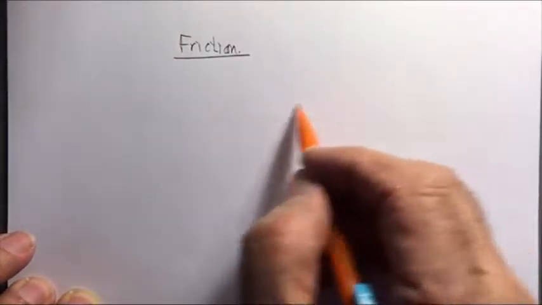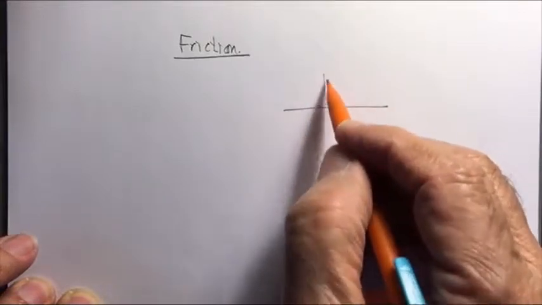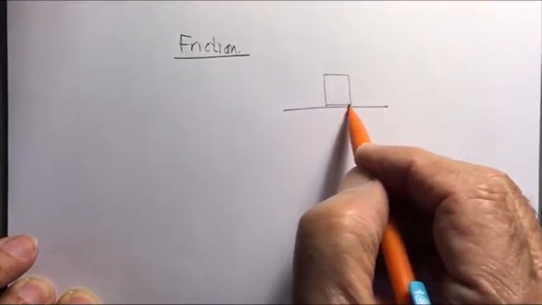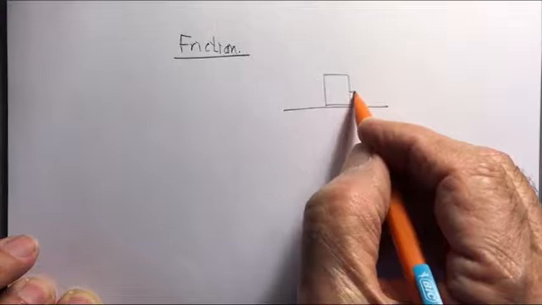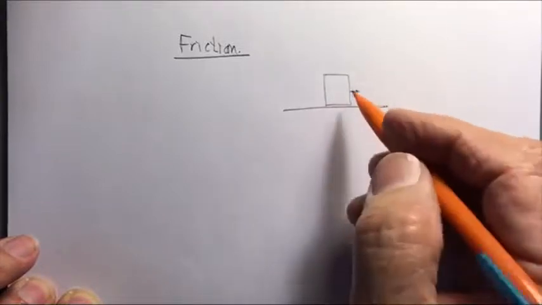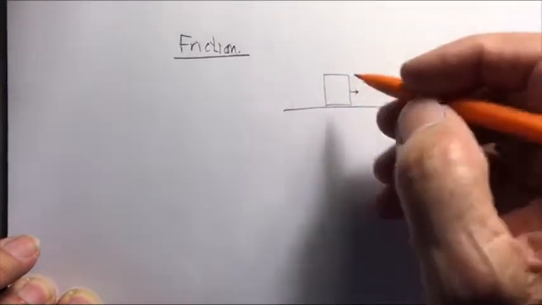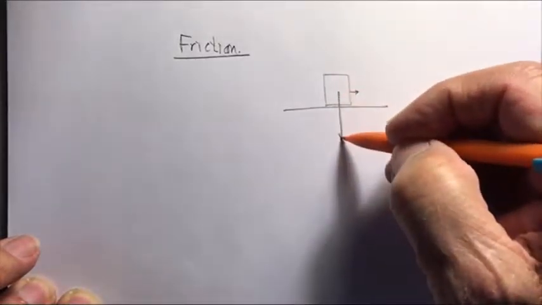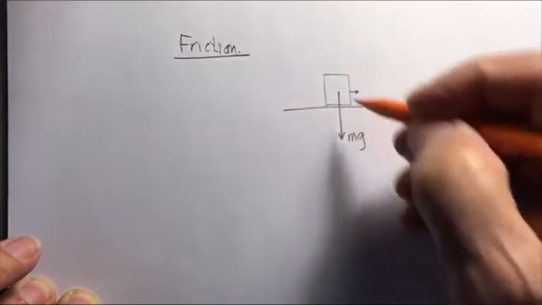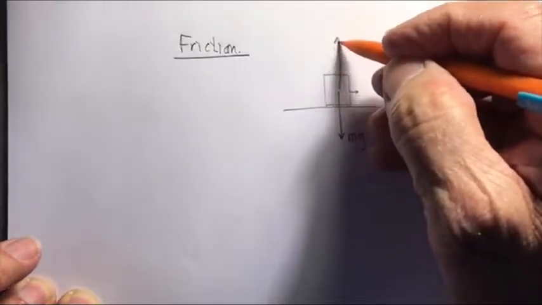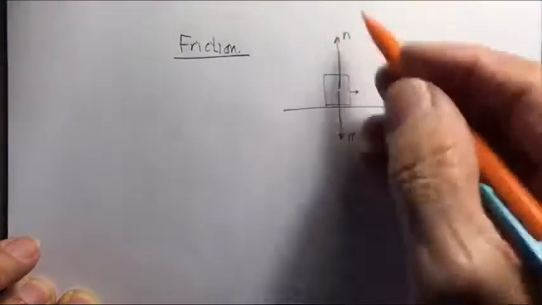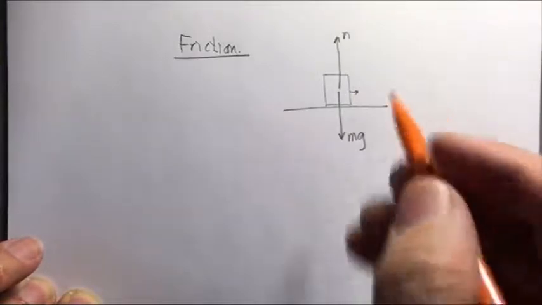So if you have the ground and you have something sitting on it, and you pull with a small force, then the friction may be enough that it will not move. Let's also mark mg, which is the weight of the object, and the normal force, which in this case would be equal to mg.